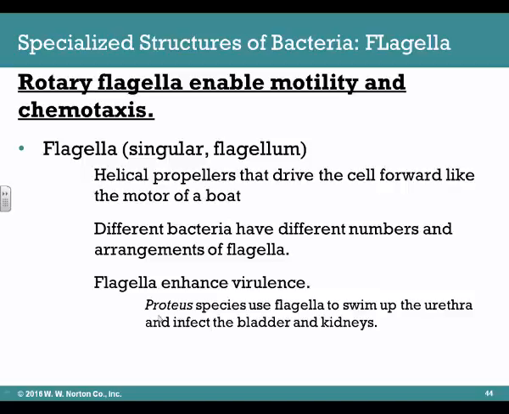And Proteus is one example that uses flagella as part of its pathogenesis to swim up to the area of the bladder from the urethra, where they can infect either the bladder or swim even further up and infect the kidneys.